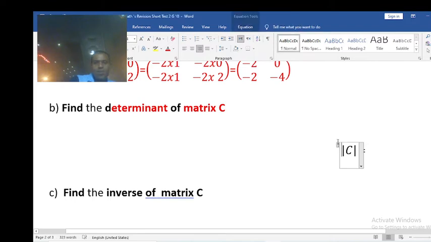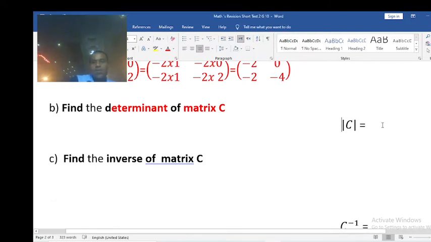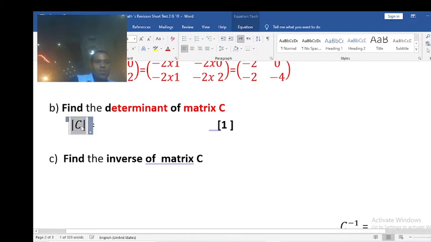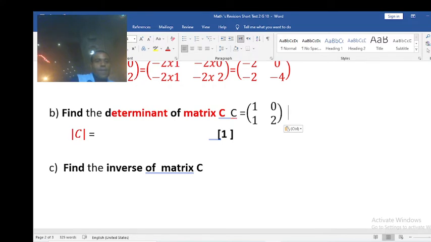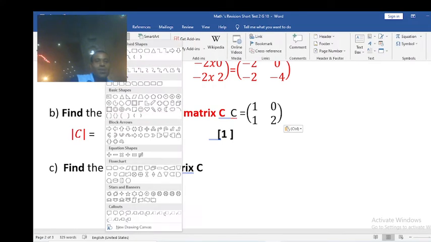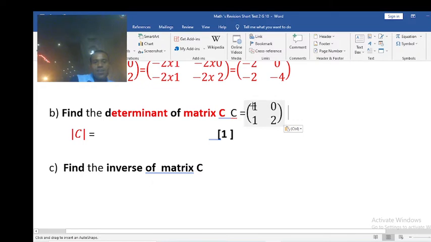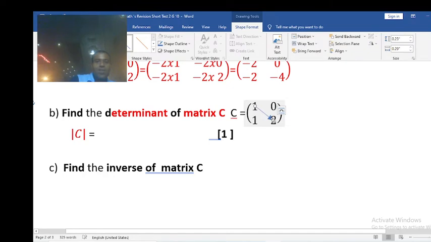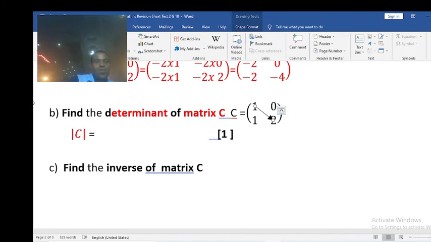So determinant is equal to what here? So C is equal. Look here what we'll do. To find the determinant, you are going to multiply the first entry by the second one. Clear? Then you should subtract the second entry in the first row with the first entry in the second row, first column.